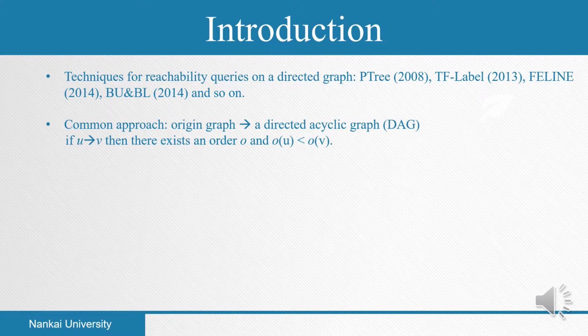Specifically, for any two vertices U and V in DAG, if U points to V, then there exists an order O, and O(U) is smaller than O(V). This order will be a vital part to construct the reachability index. As a result, this method cannot be applied to undirected graph due to the non-ordering of undirected vertices.